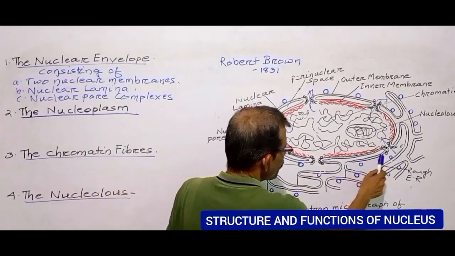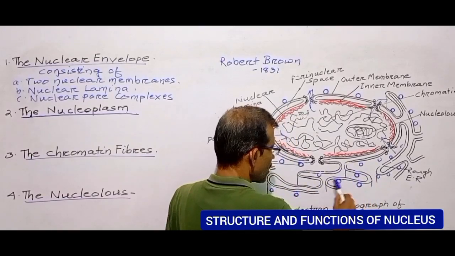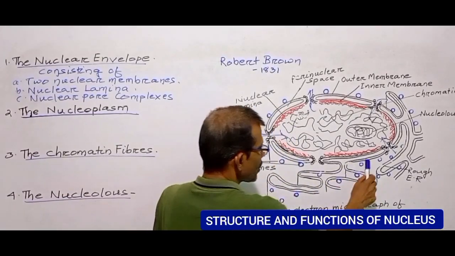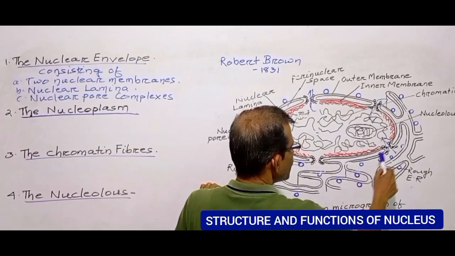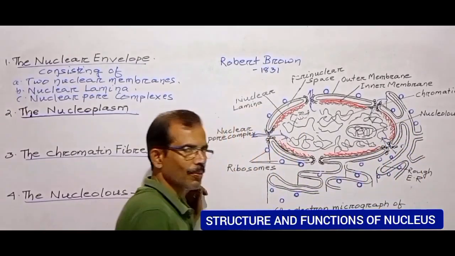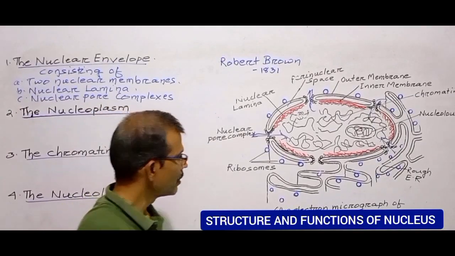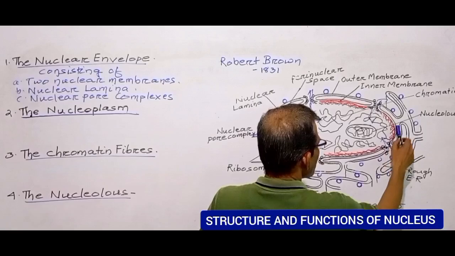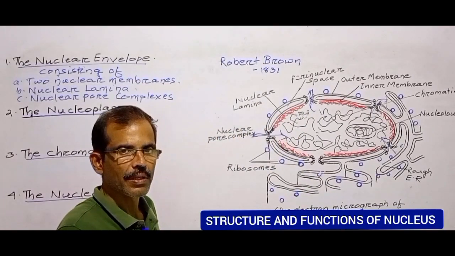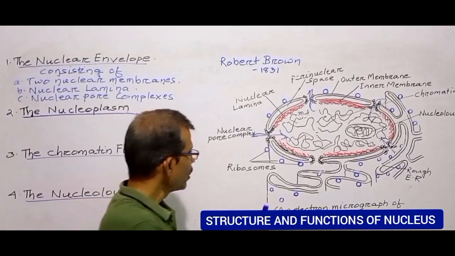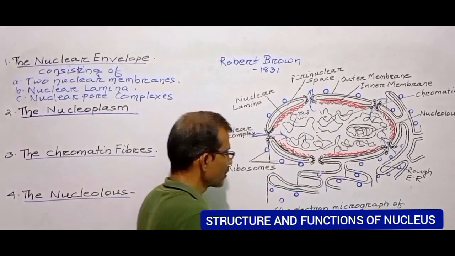The outer nuclear membrane is continuous with the endoplasmic reticulum. So the perinuclear space is directly connected with the lumen of the endoplasmic reticulum. In addition to this, the outer nuclear membrane is functionally similar to the endoplasmic reticulum, with numerous ribosomes attached to its surface.